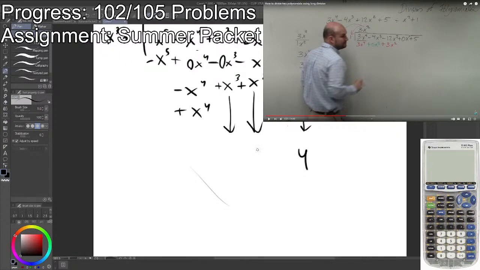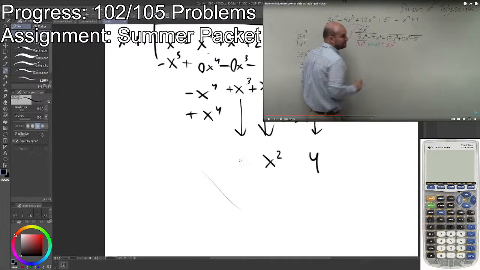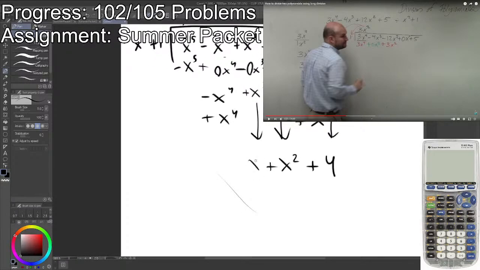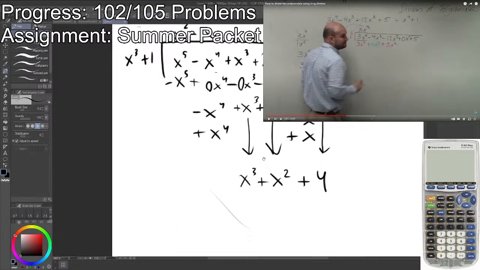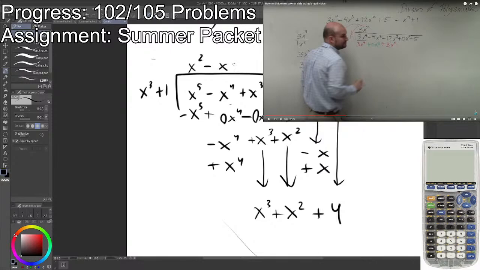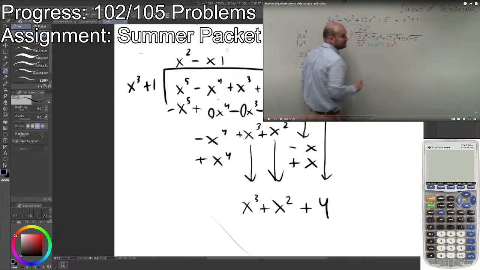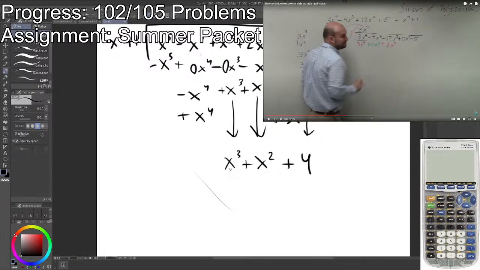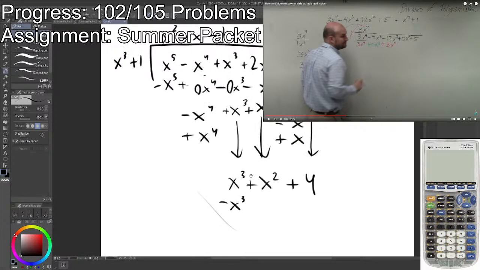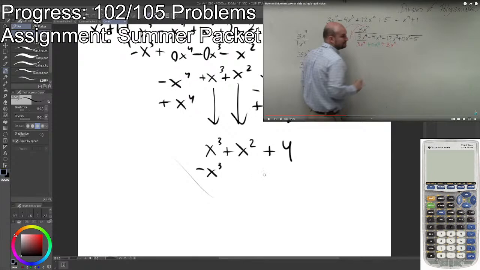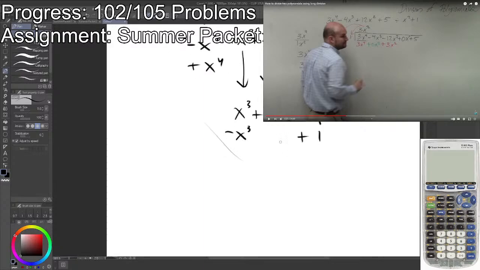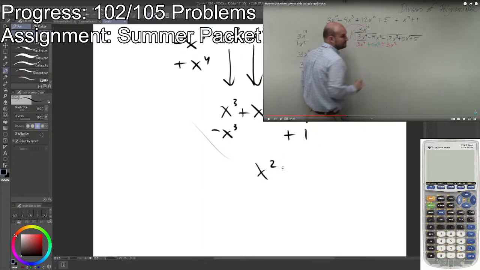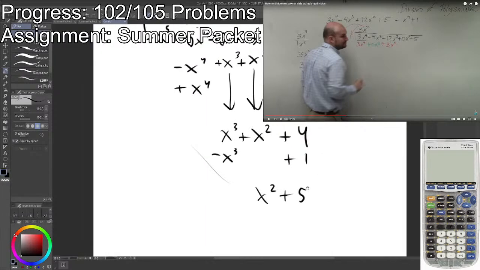Four, x squared, x cubed. I think that's all I'm left with. So x cubed is just 1, multiplied by negative 1. Negative x cubed minus 1, which would actually be plus 1. x squared plus 5.